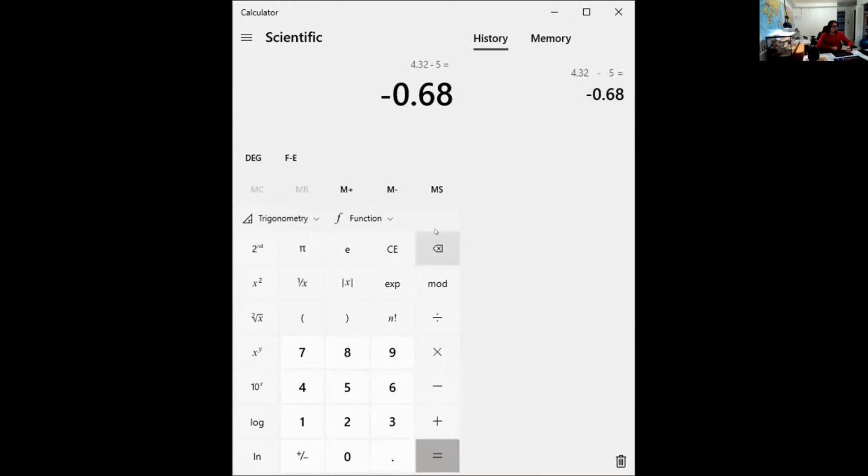Nope, it didn't do it that time. Let's try again. 4.32 EXP. I bet I have to go minus 5 that way. There we go. And why is it not doing 4.32? Okay, my EXP button isn't working when I'm trying to show you things, which is embarrassing.